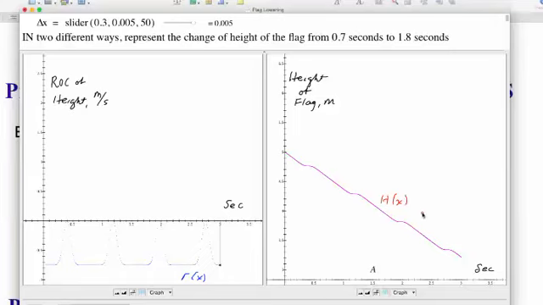And then also using the h function, represent the change in height of the flag from 0.7 seconds to 1.8 seconds. Take a couple minutes. Go.